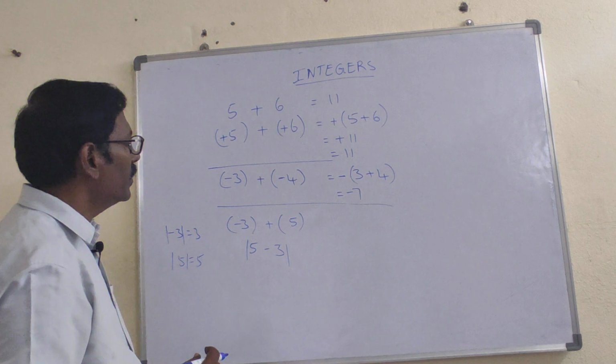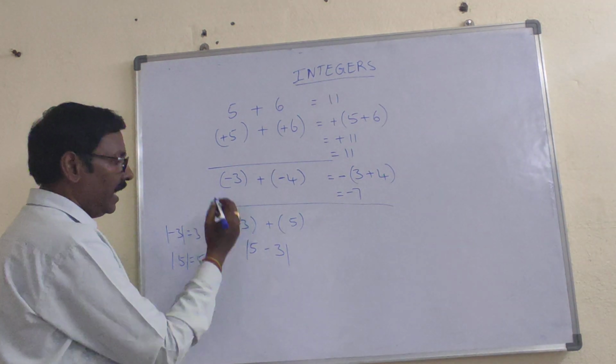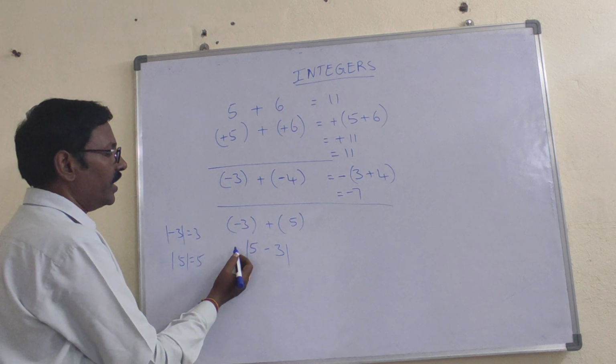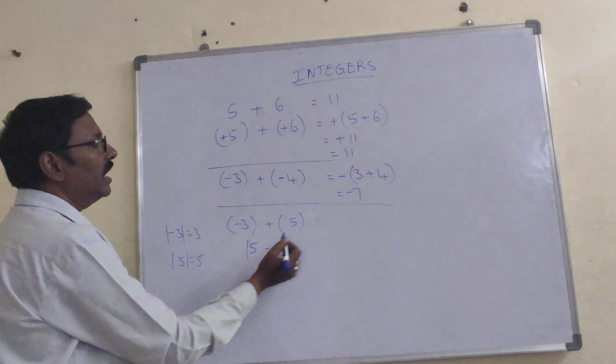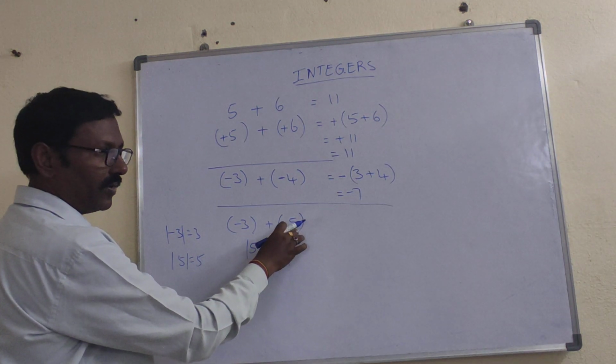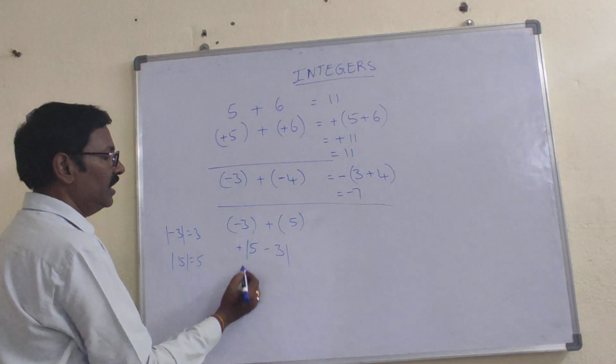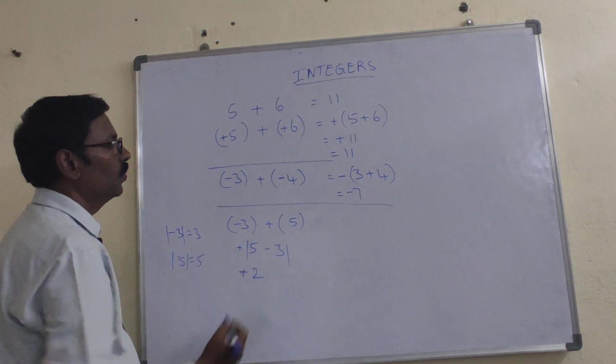Difference means we subtract the small number from the big number, and afterwards we keep the sign of the number with the big absolute value. Here the big absolute value is 5, which has a plus sign. So this is plus 2.